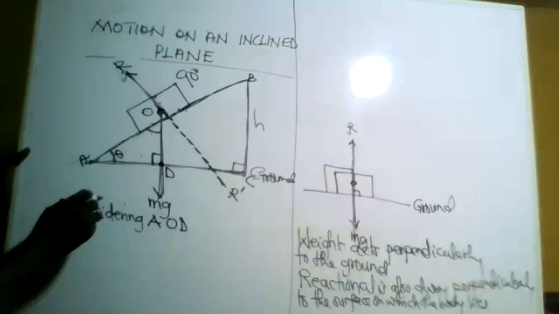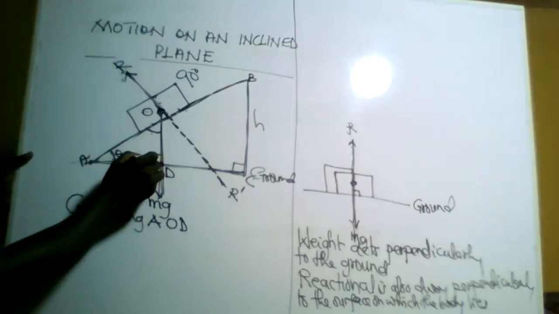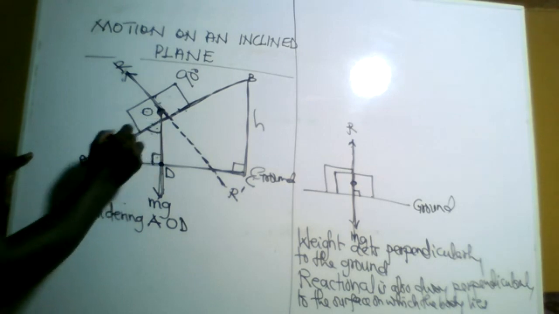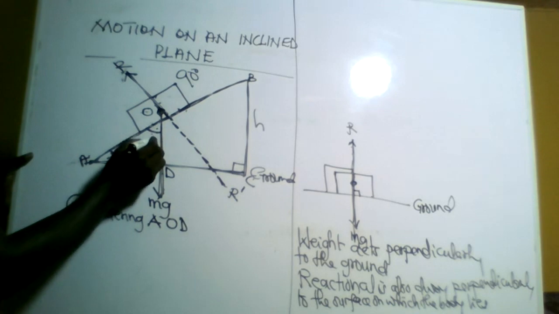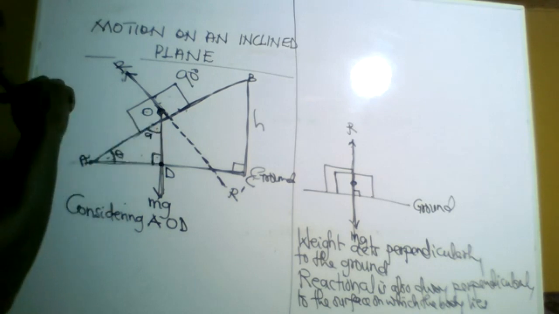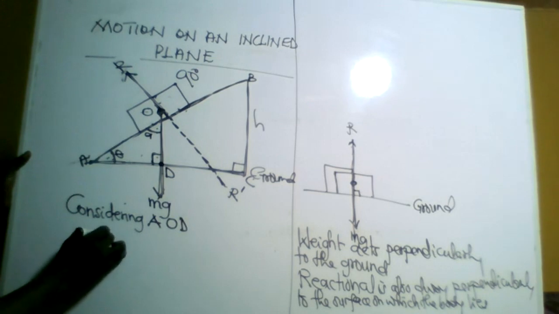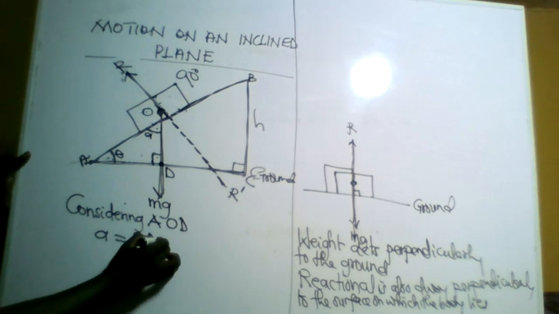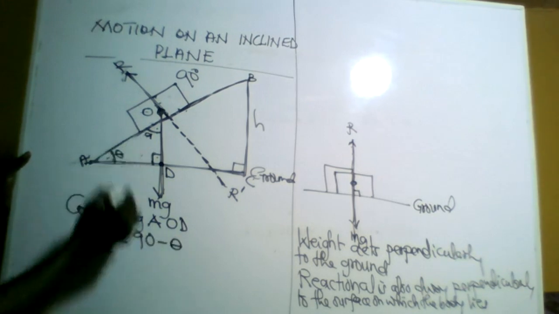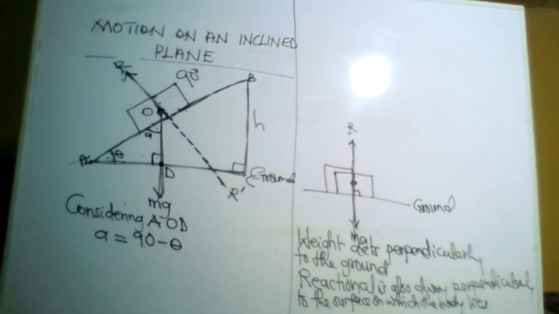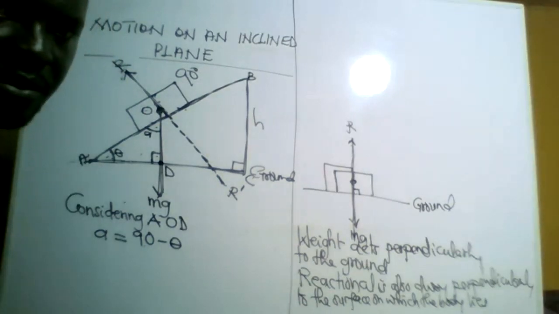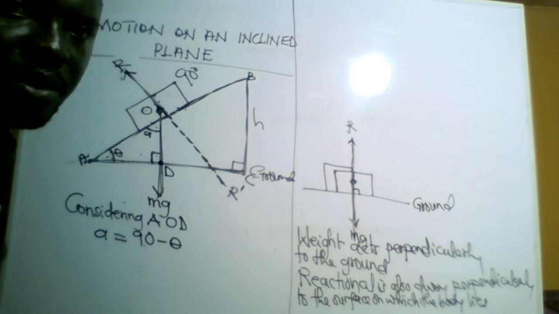This will be 90 minus theta, but this is already 90. This must also give us 90, and the total angle is 90. So let's assume this is A. It means that angle A will be equal to, when we subtract theta from 90, angle A. So A is 90 minus theta. Please, do we all agree or do we understand?